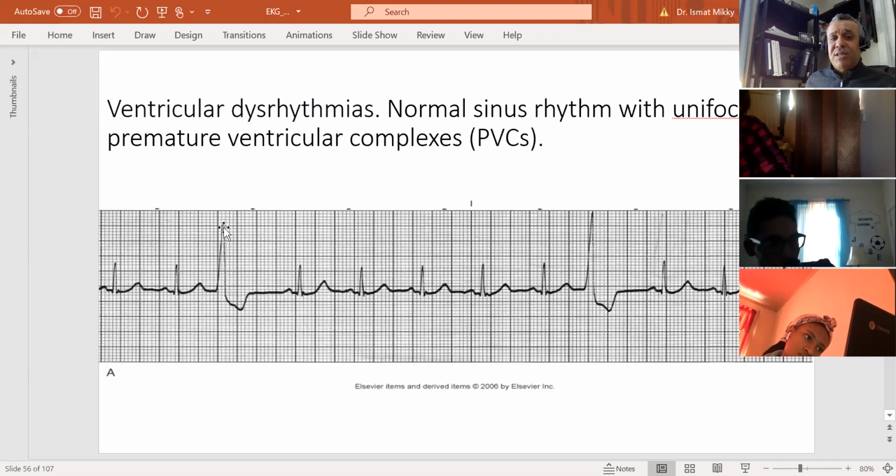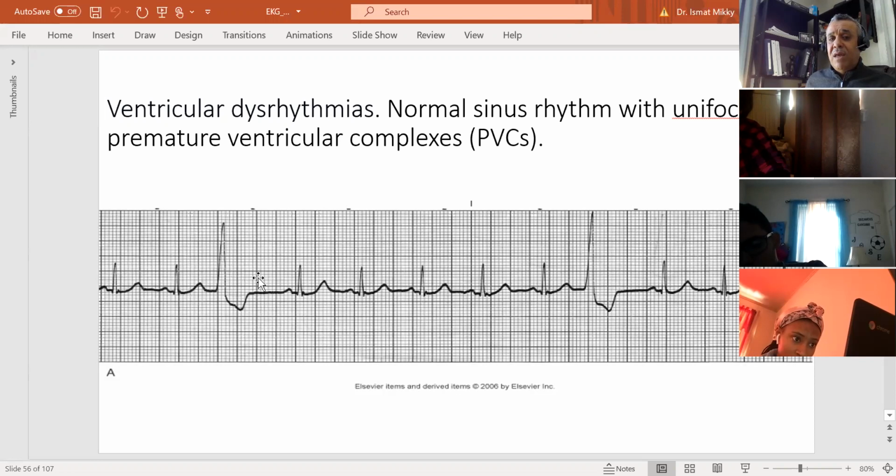And the third feature is that the R wave will come prematurely, or the whole complex comes prematurely. If you count R wave to R wave, it's about 3 large boxes, and then this complex came prematurely after the second box.